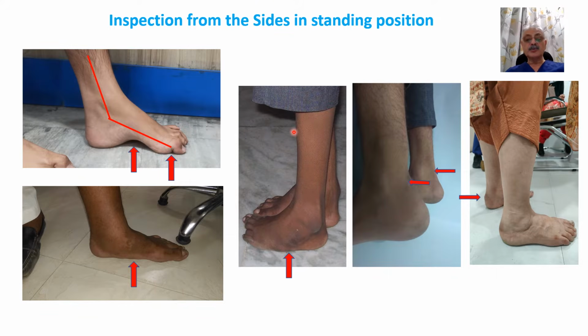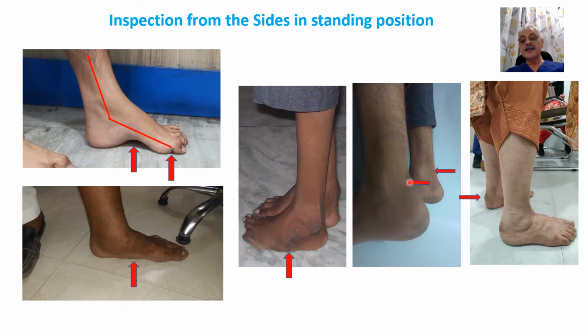Then I move towards the lateral side and start inspecting from the lateral side, where you may see the overload of the lateral foot, and this is a callosity which is suggestive of lateral overload, which is commonly seen in cavus patients. And then I also proceed towards the Achilles tendon and see the contour of the Achilles tendon.